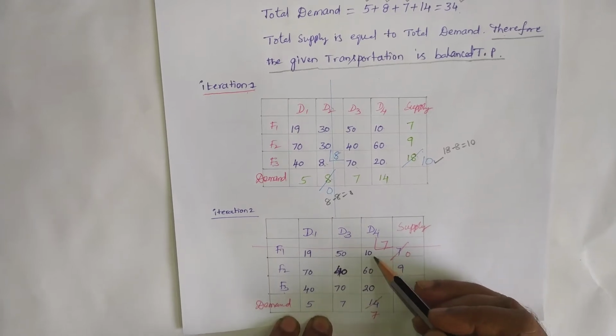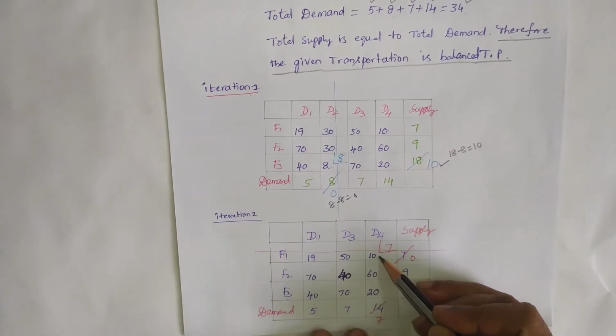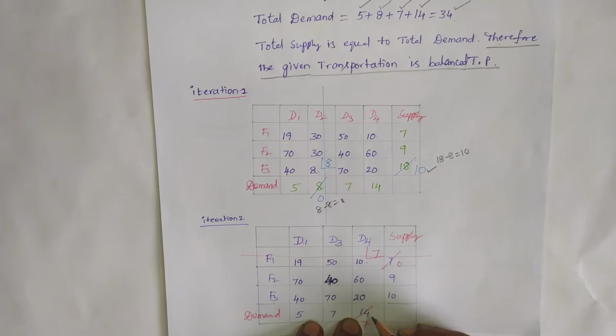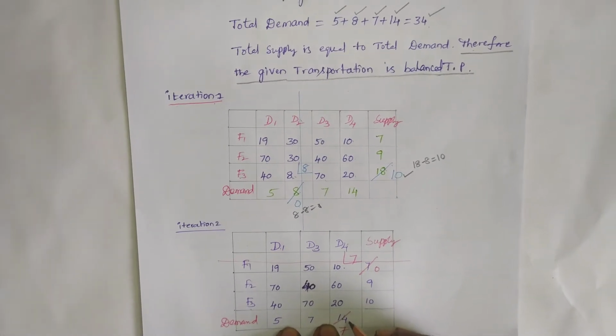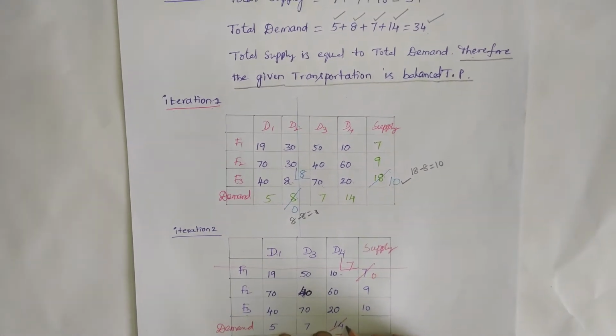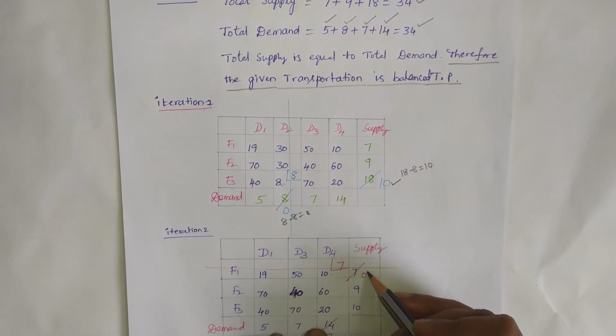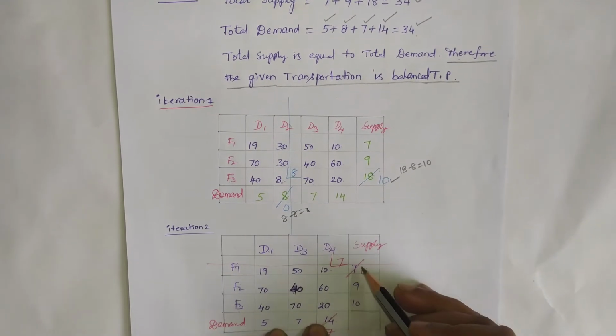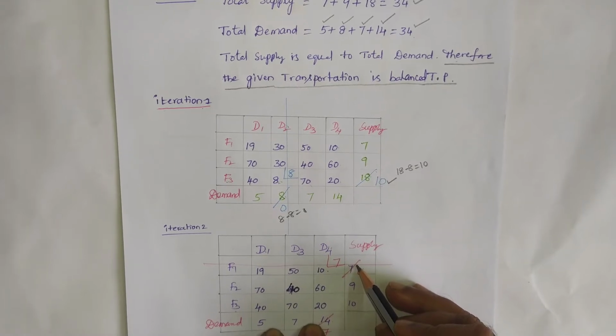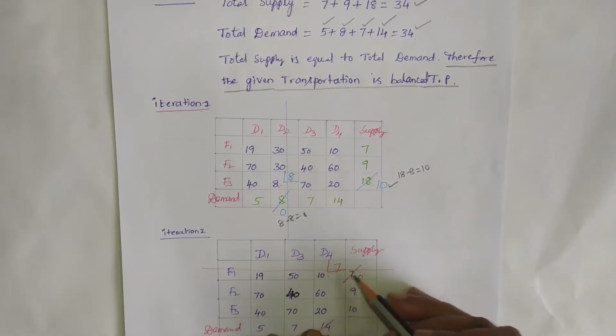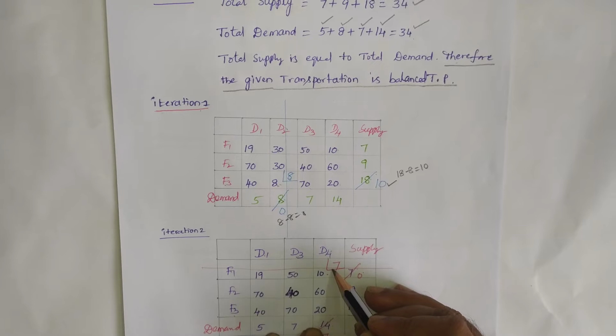Here the least cost cell is 10. For the cell, demand or requirement is 14 units, but supply is 7 only. Among these two, 7 is least, so we have to allocate 7 units to this cell.